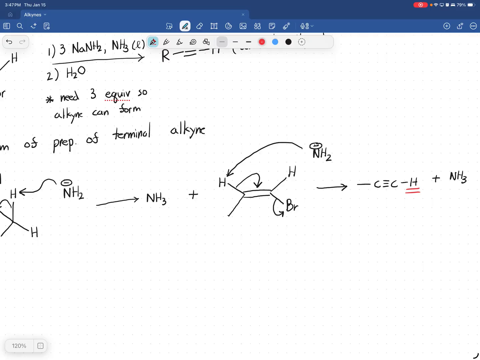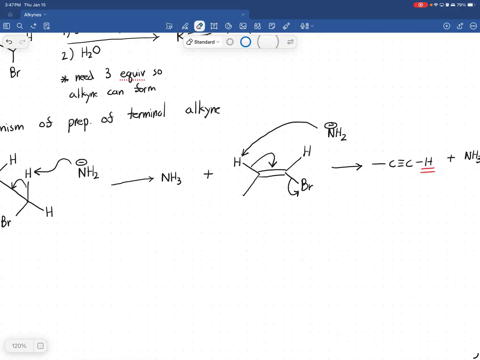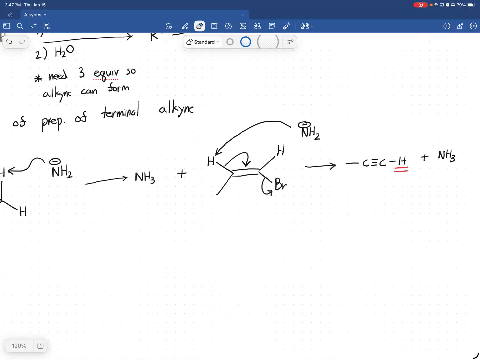So you need to deprotonate it with another equivalent of sodium amide, just to ensure that all of the reactant has come over as the alkyne. Okay, so if you deprotonate this, you will. It's because sodium amide is going to react now with the alkyne here. Okay, so as this forms.